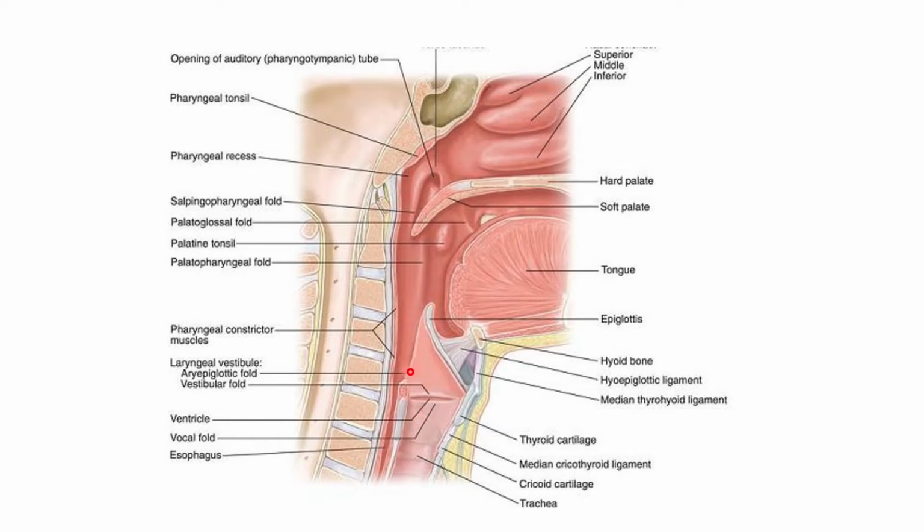This laryngeal inlet is limited on either side by the aryepiglottic fold. In front, the inlet is formed by the upper half of the epiglottis, and below, the inlet is formed by the interarytenoid fold of mucous membrane. So this is the laryngeal inlet.